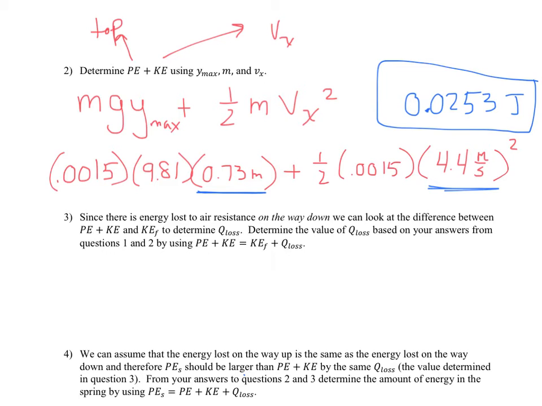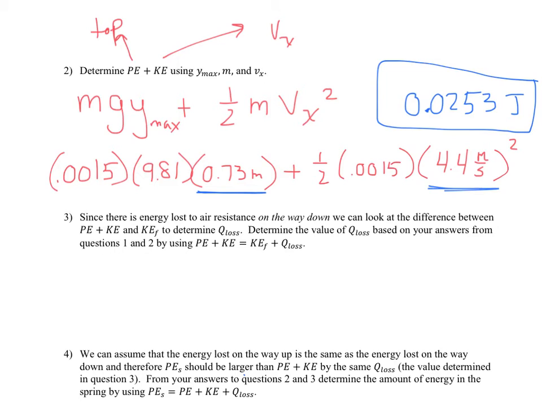If you have the energy at the top and the energy at the end of the problem, you subtract the two, you should get Q loss. So number 3 is telling you figure out what Q loss is by looking at the difference between your answers from numbers 1 and 2. If you look at that equation here, that's what this states. If you just subtract KEF, you get Q loss, right? So subtract KEF from the energy at the top.